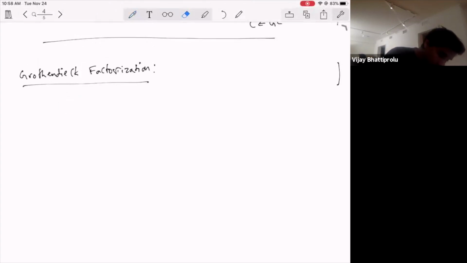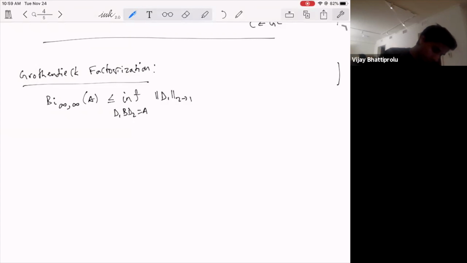for this it's more convenient to use the bilinear versions. The bilinear maximum, L infinity in n dimensions, L infinity in n dimensions of a matrix A, is at most the infimum over all factorizations D1 B D2 equals A of the 2 to 1 norm of D1, the 2 to 2 norm of B, and the infinity to 2 norm of D2.